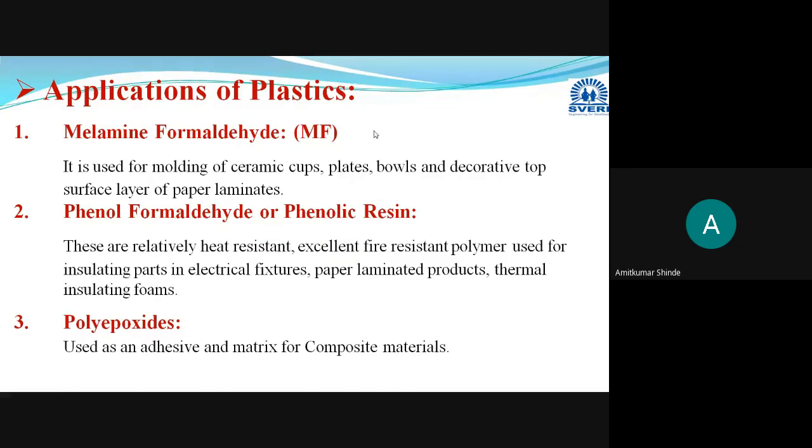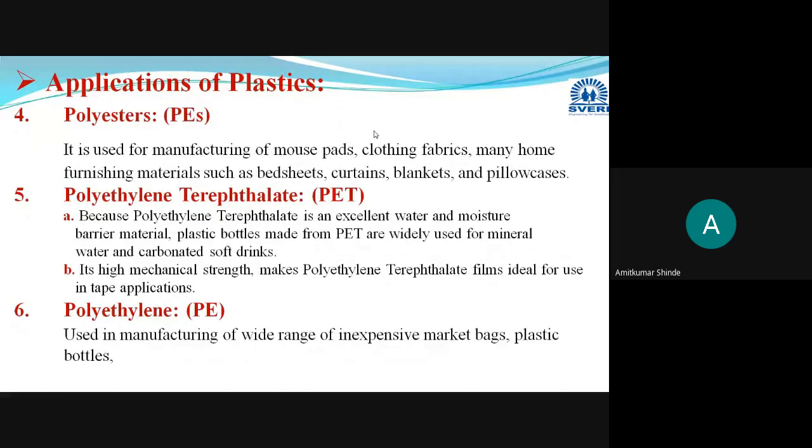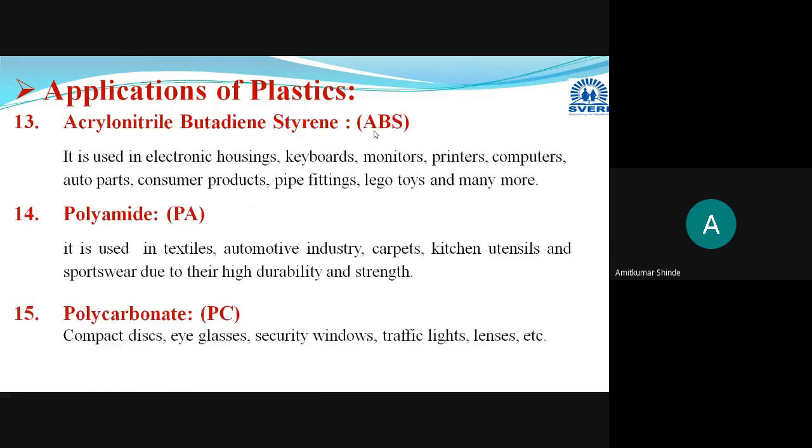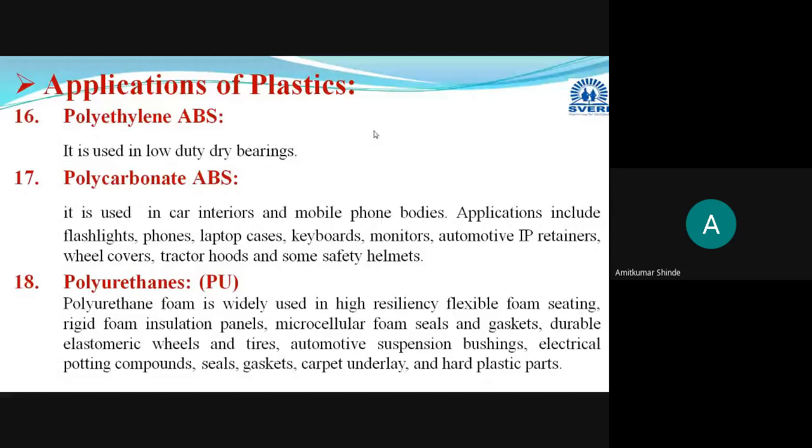And after that, we have discussed various applications of plastic materials like melamine formaldehyde, phenol formaldehyde, polyethylene, polypropylene, polyethylene terephthalate, HDPE, that is high density polyethylene, PVC, that is polyvinyl chloride, then ABS, acrylonitrile butadiene styrene, then polyamides, polycarbonates, polyurethanes. Different plastic materials along with their applications we have discussed, and we have taken some multiple choice questions also.